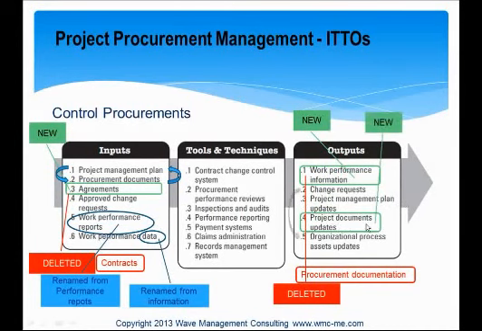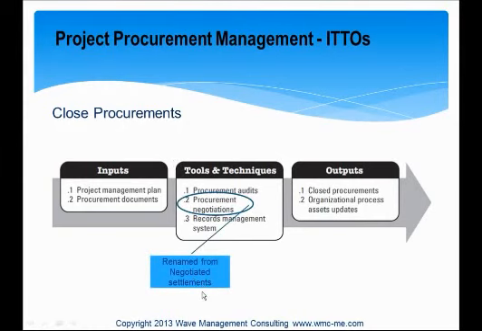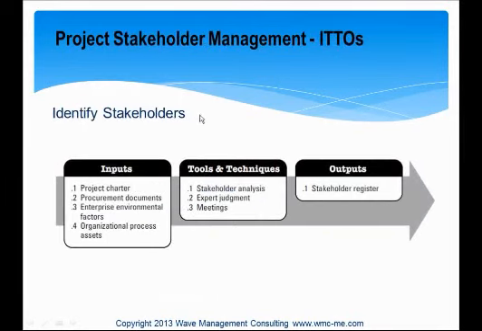They also introduced project documents updates as a new item in the outputs, and they did some reordering. Close procurements. They renamed negotiated settlements to procurement negotiations. It's just a more correct term for it, I suppose.